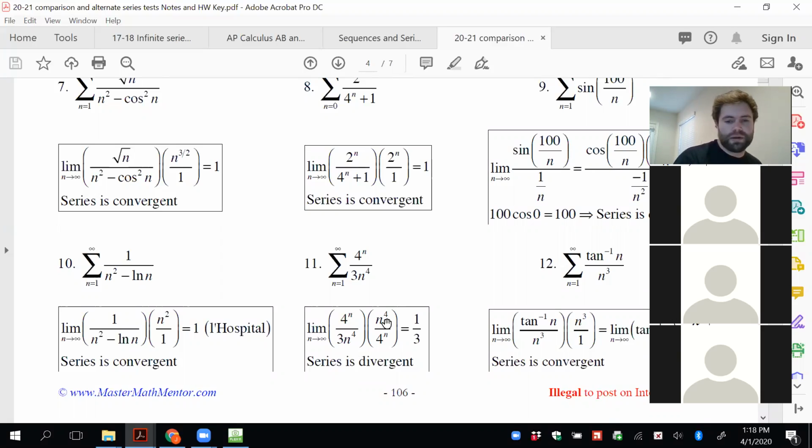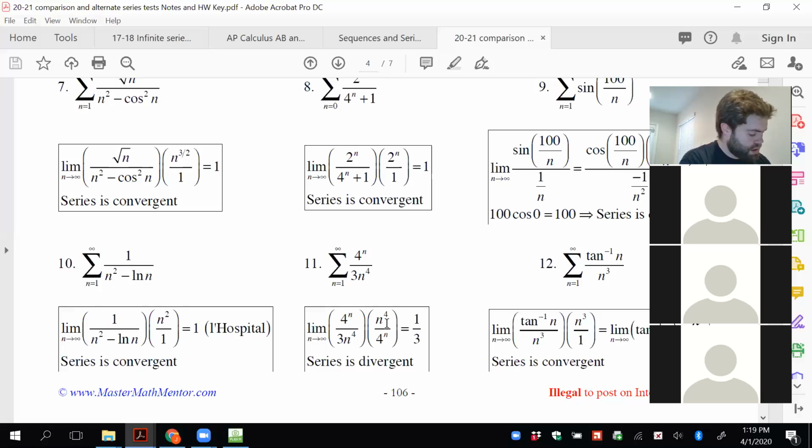Ratio test would make it more clear that it would be divergent. In the key, they used 4 to the n over n to the 4th as their comparison one, because all they really did was just drop the 3, and then the limit would end up being either 1/3 or 3, depending on whichever one you put on top of the other.